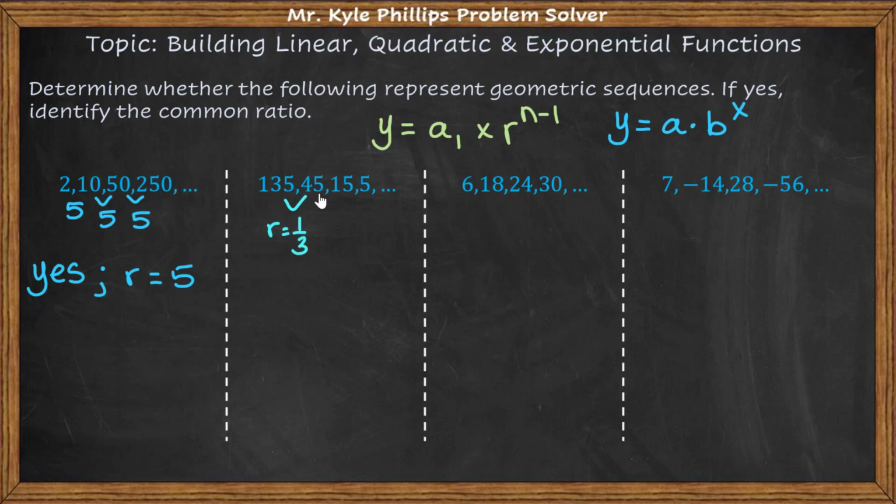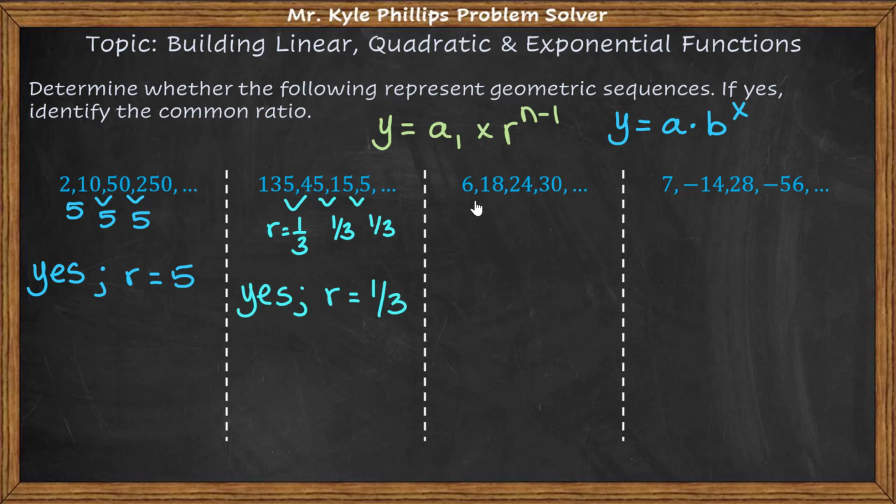Now, this should be true throughout the entire sequence. 45 times 1/3, does that give me 15? Yes, it does. 15 times 1/3, does that give me 5? Yes, it does. So yes, this is a geometric sequence, and my common ratio here is 1/3.